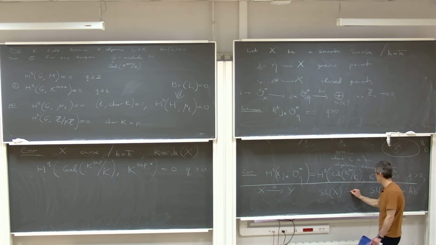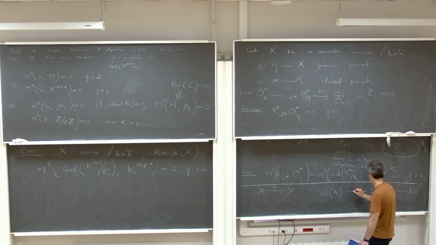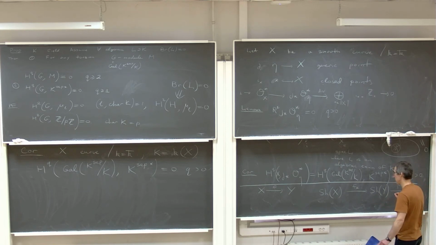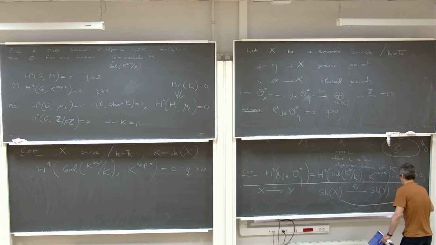And this is the derived direct image. Well, this is just the direct image. So the composition of these two functors, global sections on Y composed with f_*, is global sections on X.